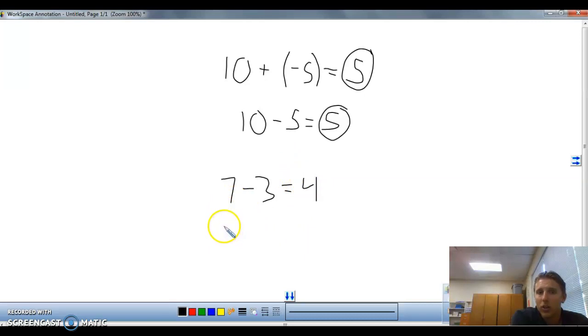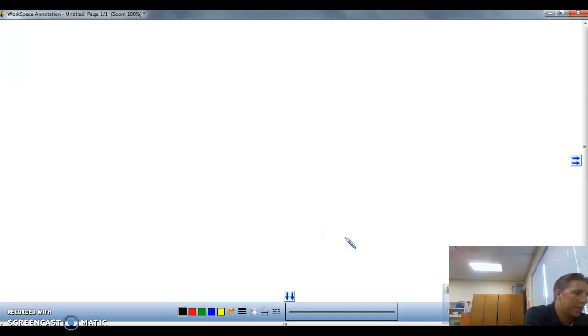Well, now you could rewrite this as adding the opposite, right? Here we're subtracting positive 3. Here we're adding the opposite, which would be -3. Is there any difference here? No, 7 plus -3 still gets you 4, right?